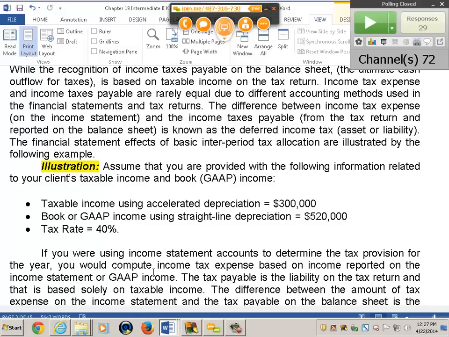So in the first year, let's assume that I deduct 820. So now I've got a book tax difference. It's temporary. Of 220. Here's the logic.